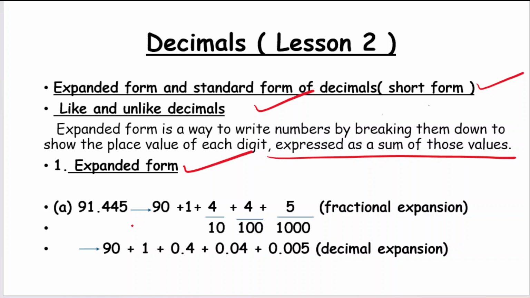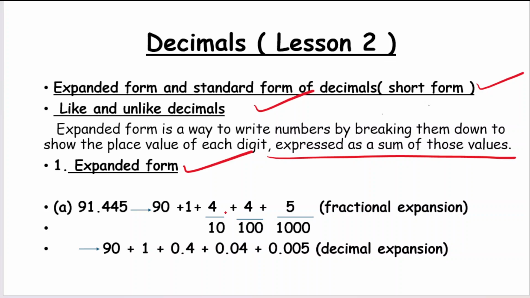91.445. So 90 plus 1 plus 4 by 10 plus 4 by 100 plus 5 by 1000. It is called the fractional expansion. Now, expanded form can be represented in two ways. One is a fractional expansion and one is the decimal expansion. So this is the fractional expansion.